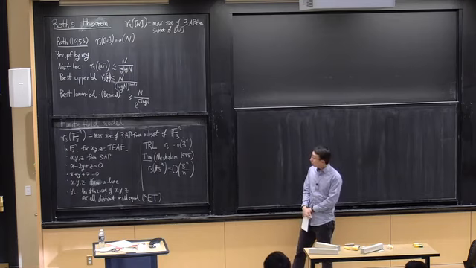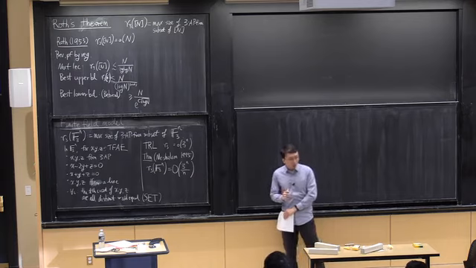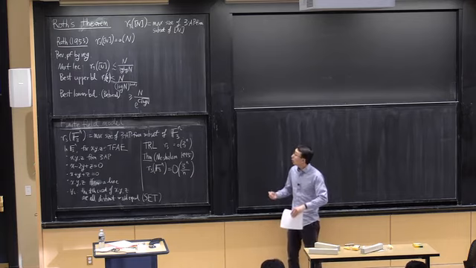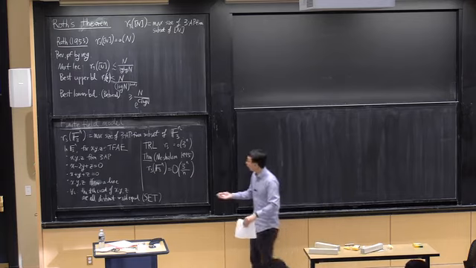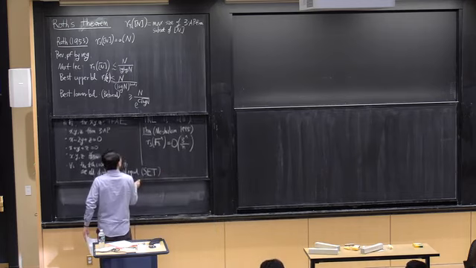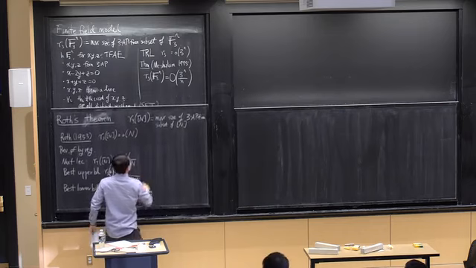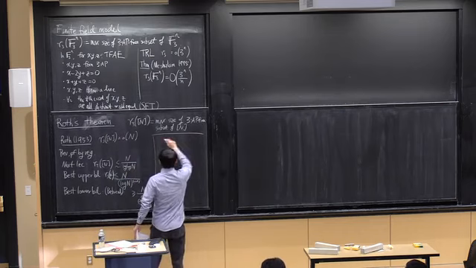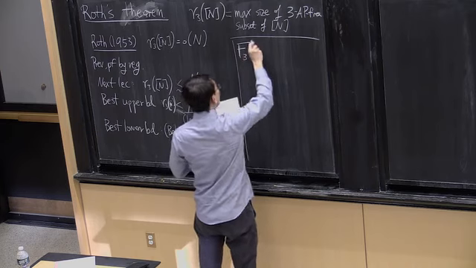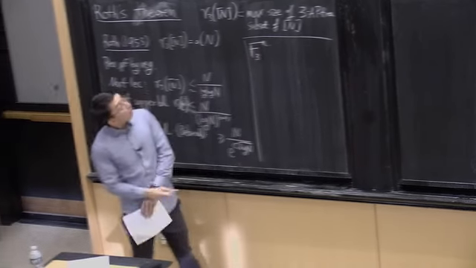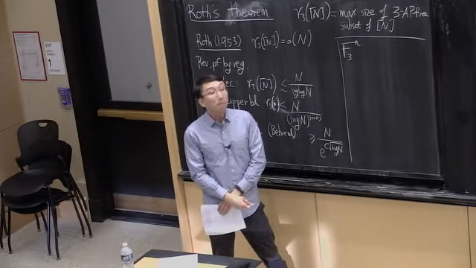Let me tell you a bit more about the history of this problem, in terms of what we know about upper bounds and lower bounds. Let me say more about F_3. So what's the best that you might hope for?